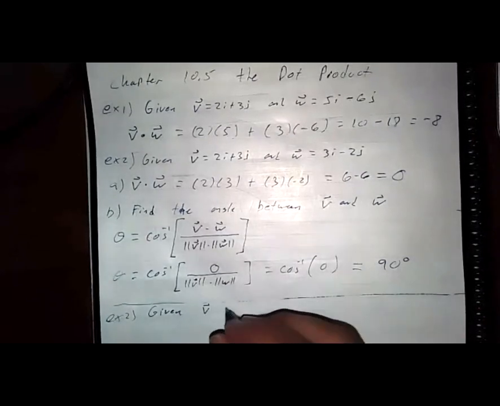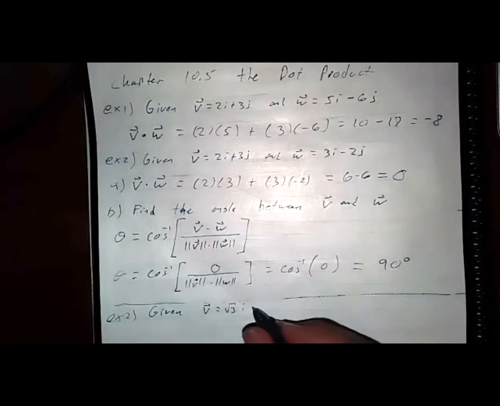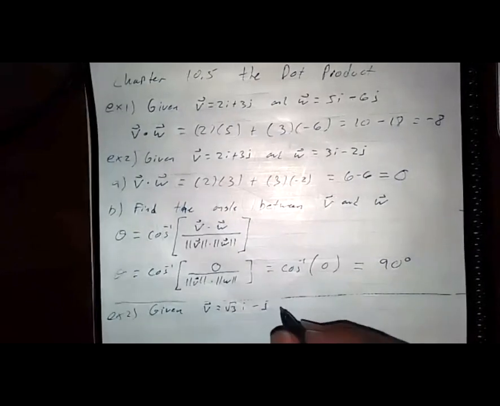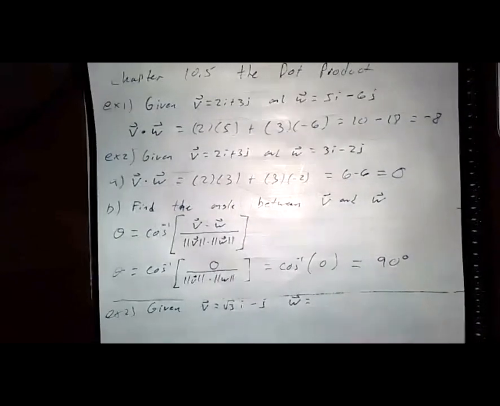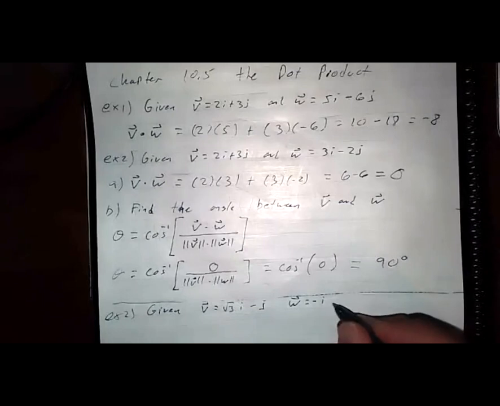So given a vector v equal to square root 3 i minus j, w is equal to negative i minus j.